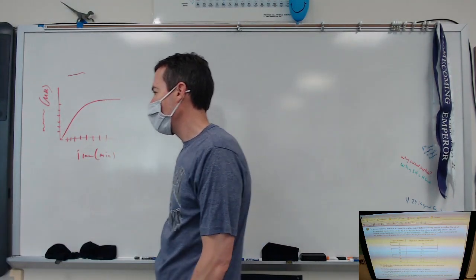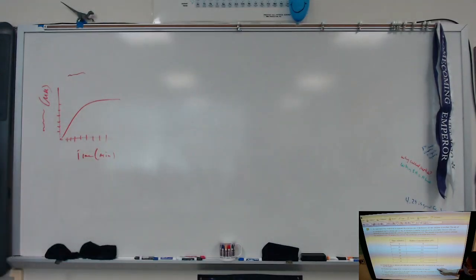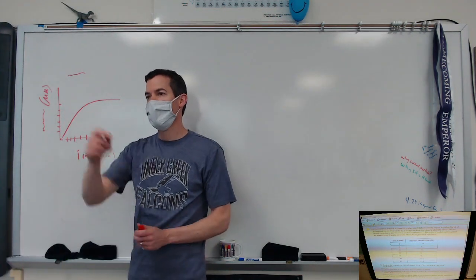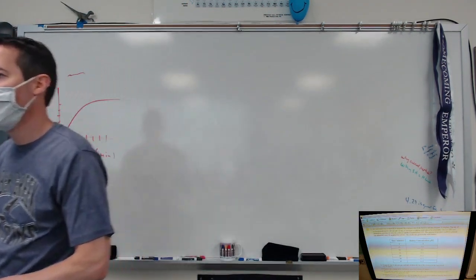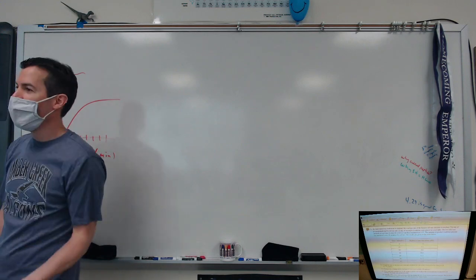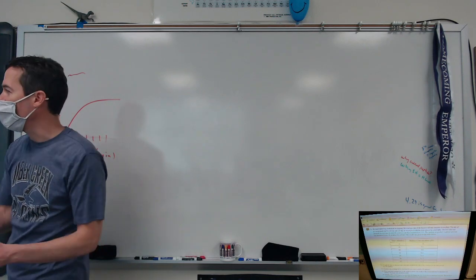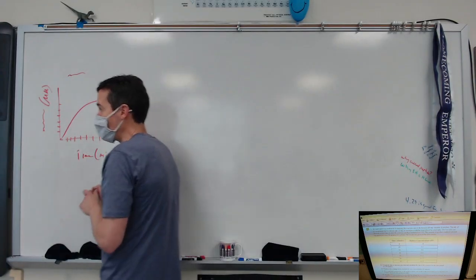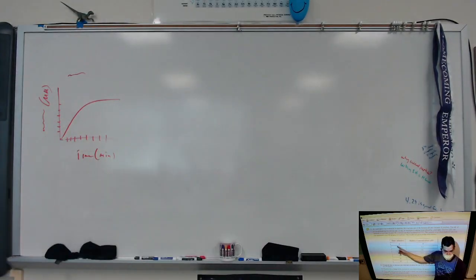So how do I calculate the rate of the reaction for time period 0 to 30 minutes? How do I set that up? What do I do? Yeah, just the slope. So change in y over change in x, or y2 minus y1 over x2 minus x1, or rise over run. And since I just sort of ghettoed my graph right here, I'm going to use the numbers off of my data table because they're perfect. It's not dependent on my line.